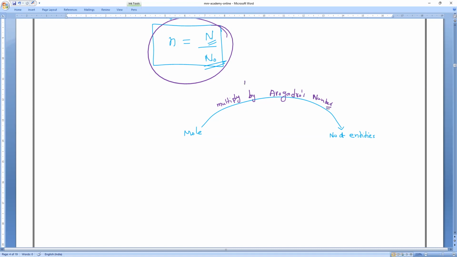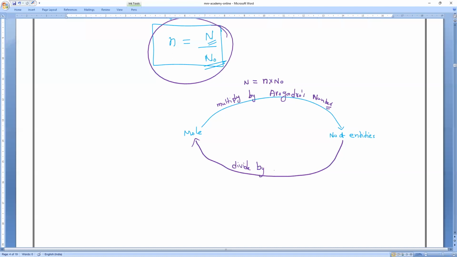So what is the formula? Number of particles is equal to number of moles into Avogadro number. Now, you want to get from number of particles to moles. You have to divide with what, everybody?